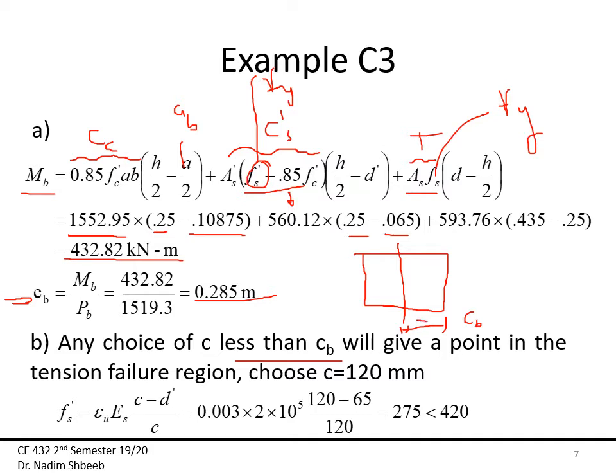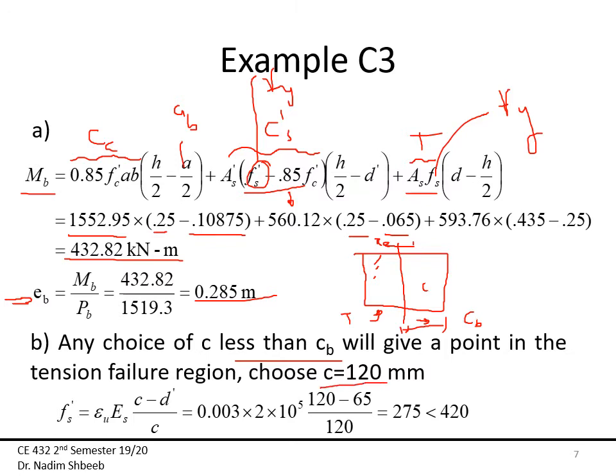If I go in this direction, I will increase the area of tension and decrease the value of compression. If I go in that direction, you will increase the area of compression and decrease the area of tension. So that's why when I choose a C more than CB, I will have more of a compression failure, and if I choose a C less than CB, I will have a failure more on the tension side.